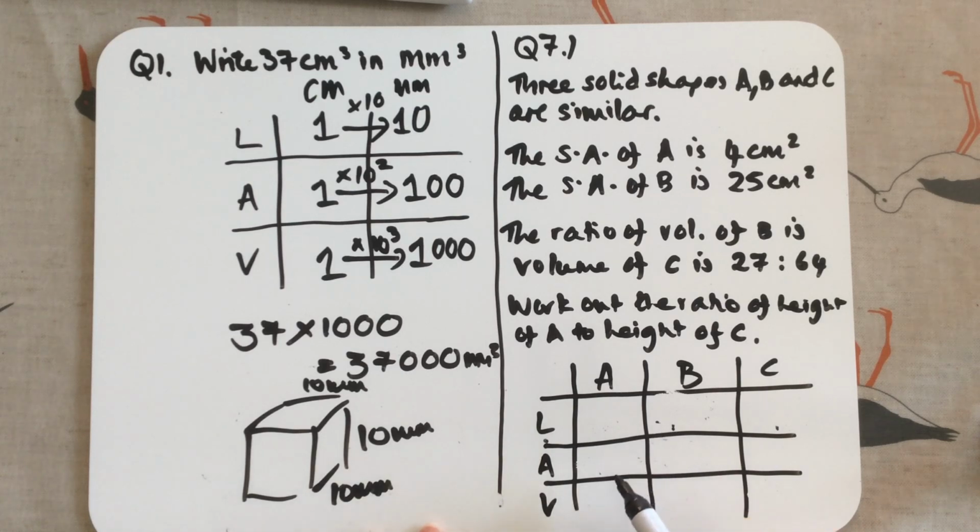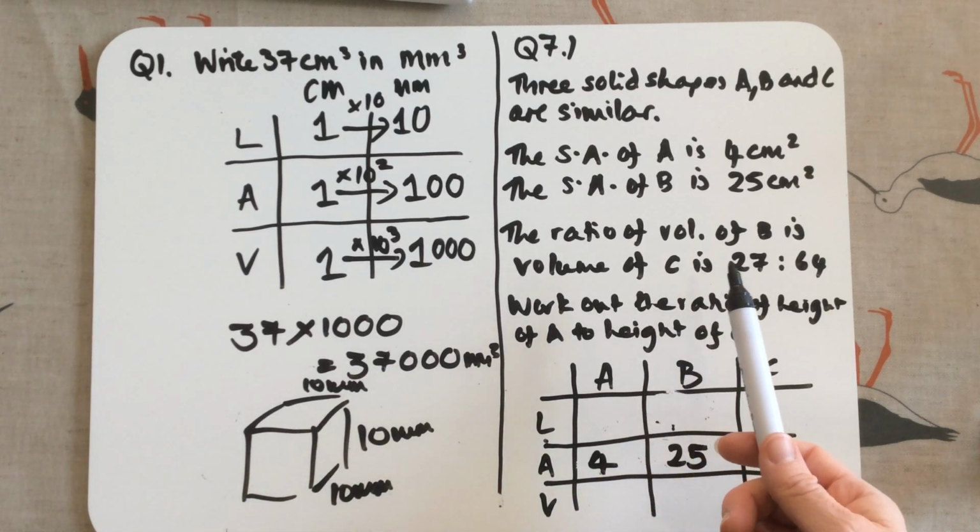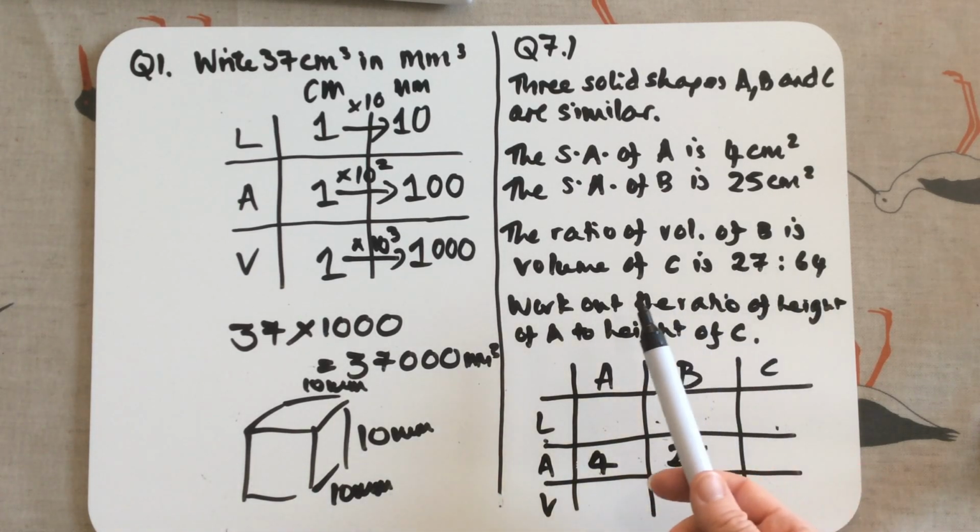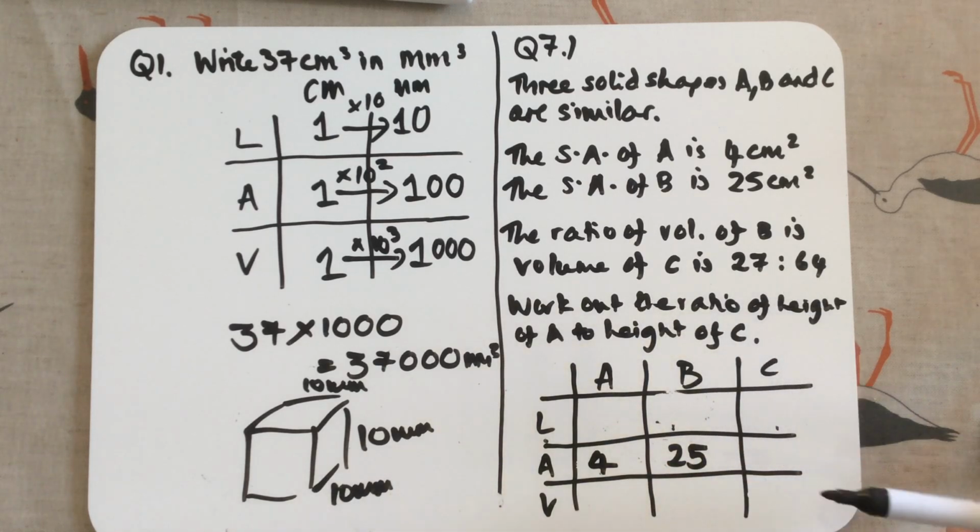So for area, I know that the ratio is 4 to 25. Doesn't matter that it's surface area, it's still a ratio for area. The ratio of volume of B to the volume of C is 27 to 64. So I can fill in that ratio for the volume for B to C.